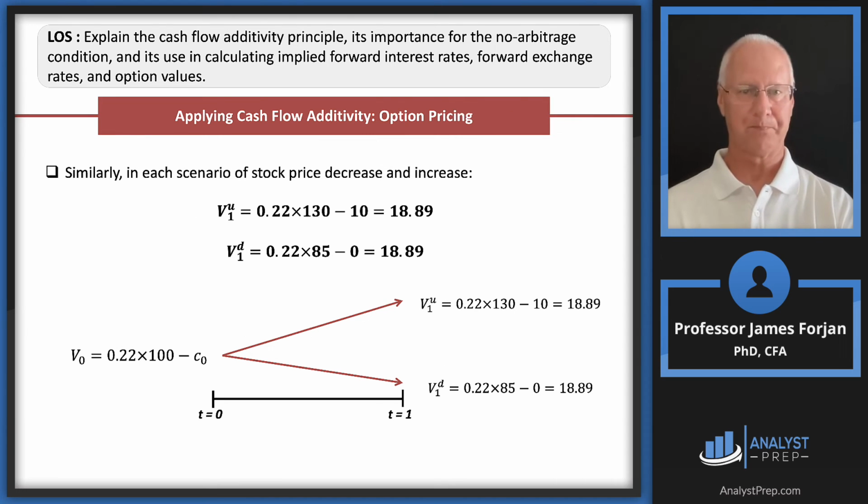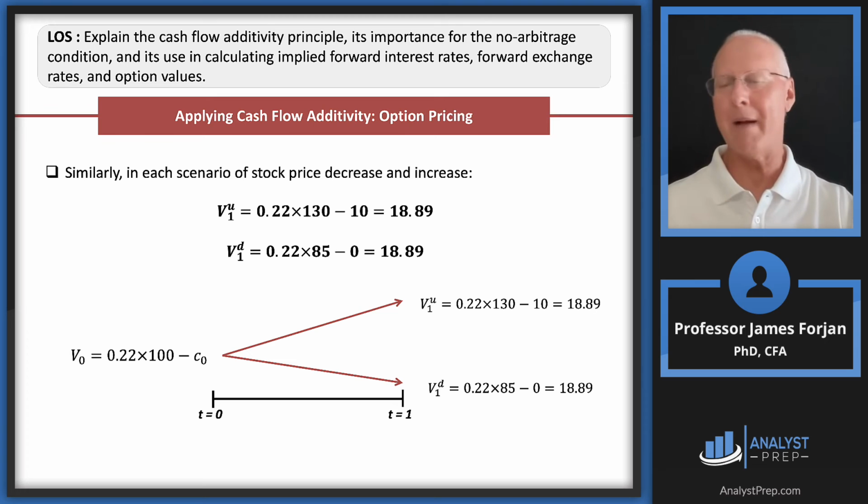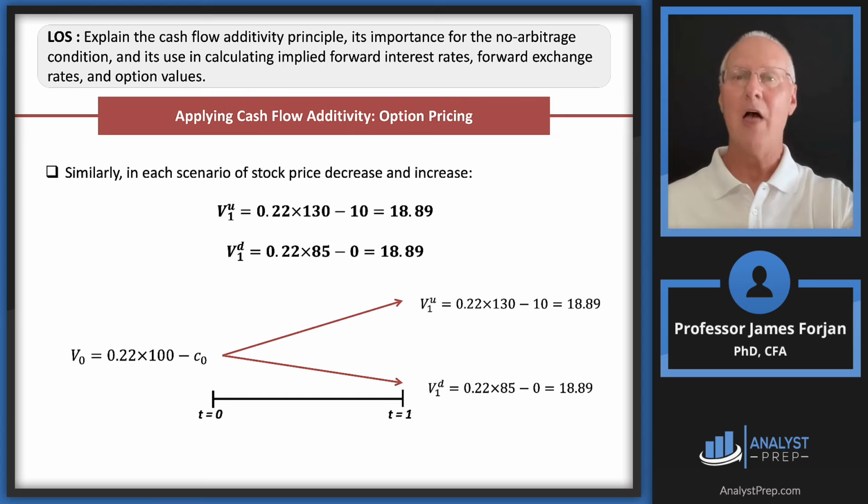So what happens? If the stock price goes up, then I own 0.22 units. And don't worry about owning a fraction of a share of stock. Just assume that we can own fractions of shares. So 0.22 times that rise in price to 130 minus the $10 that I have to pay you, right?